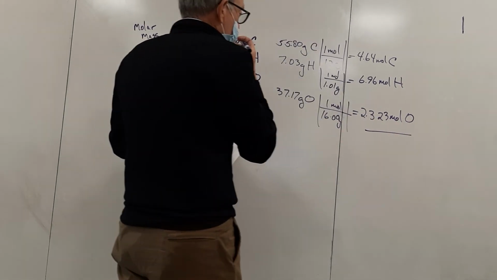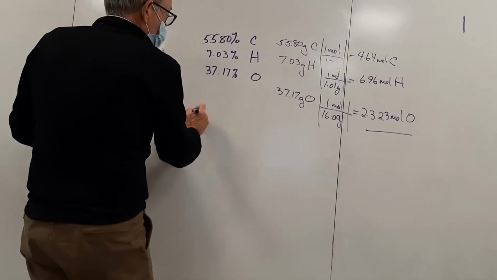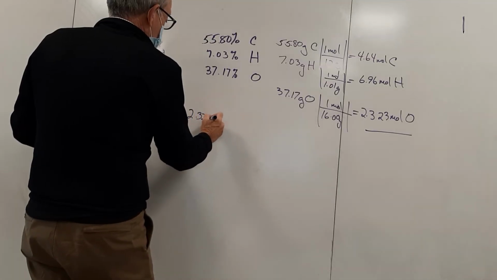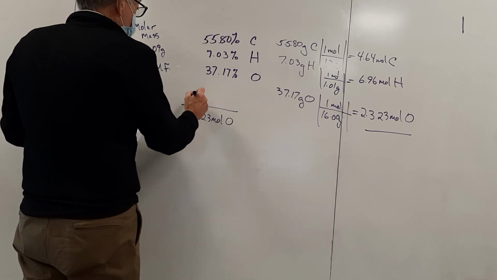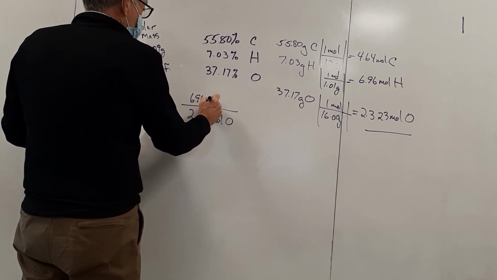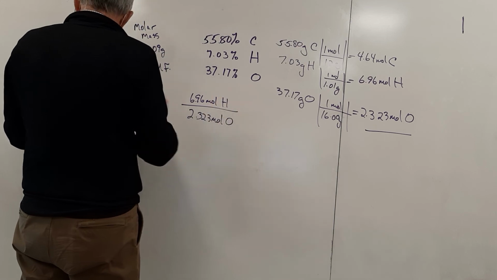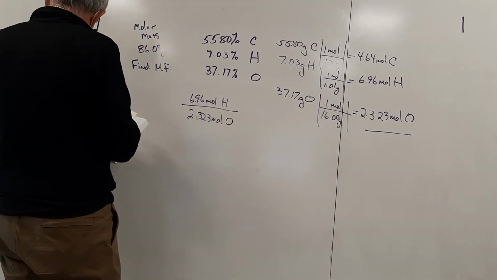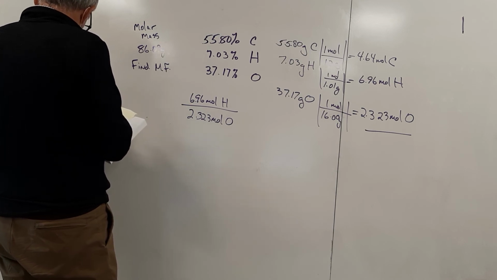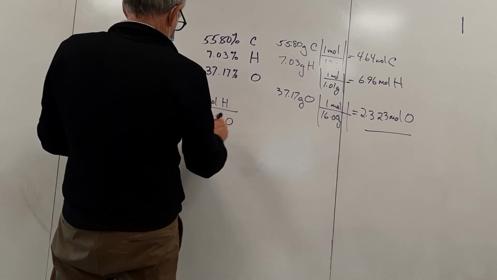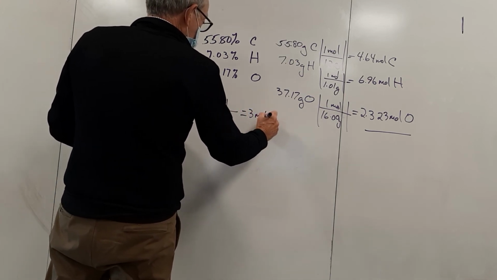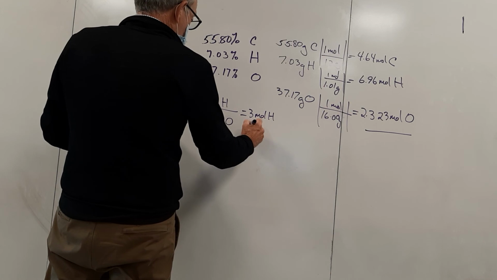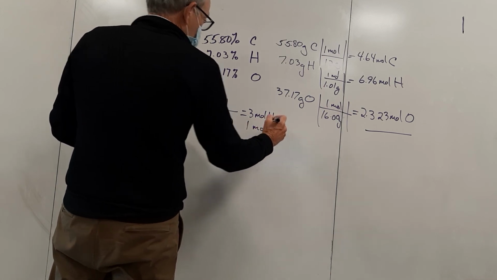So I'm going to divide 2.323 moles of oxygen into 6.96 moles of hydrogen. That's going to give me 3. So it's 3 moles of hydrogen for 1 mole of oxygen.